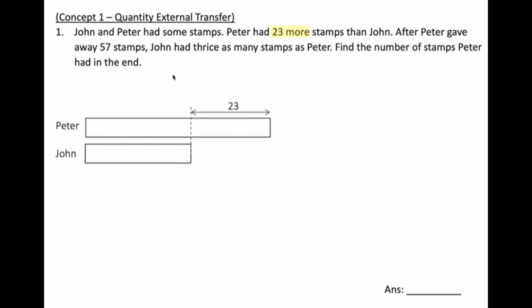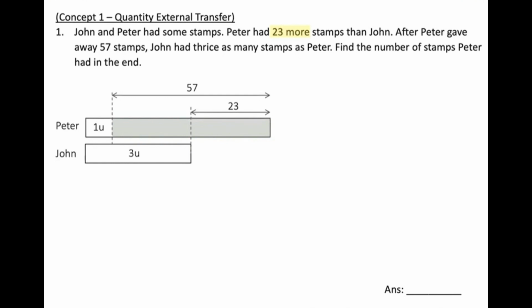So with that, you can clearly estimate how you're going to cut away 57 from Peter. You just roughly shade away this, leaving something that looks like 1 unit, and then this is going to be 3 units. All right, this is how you do it.